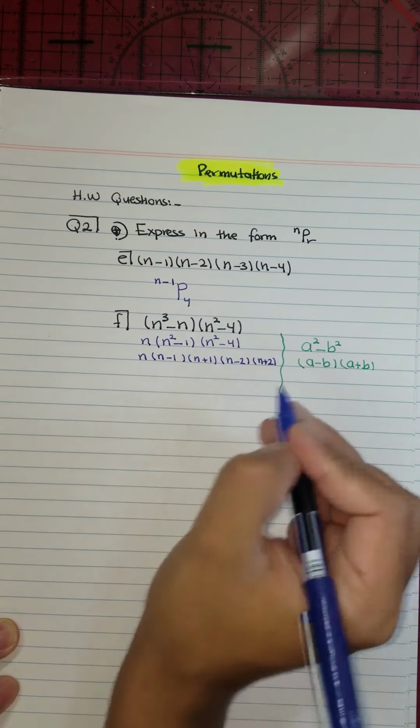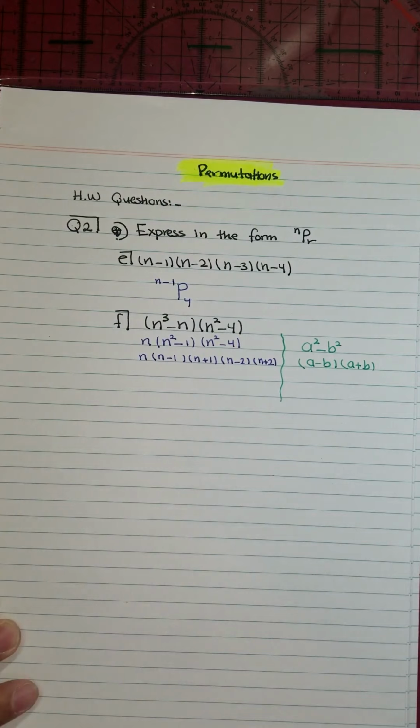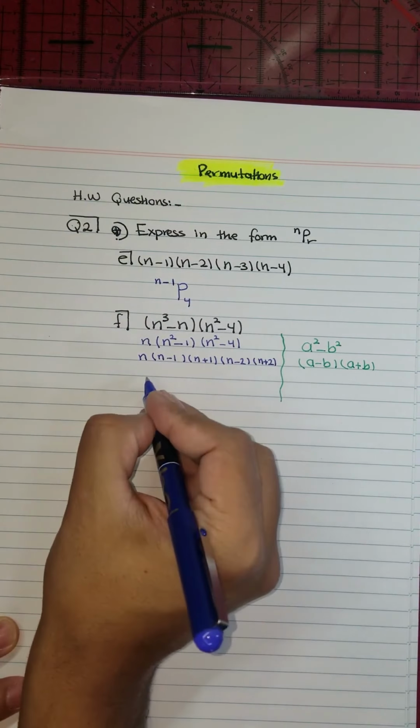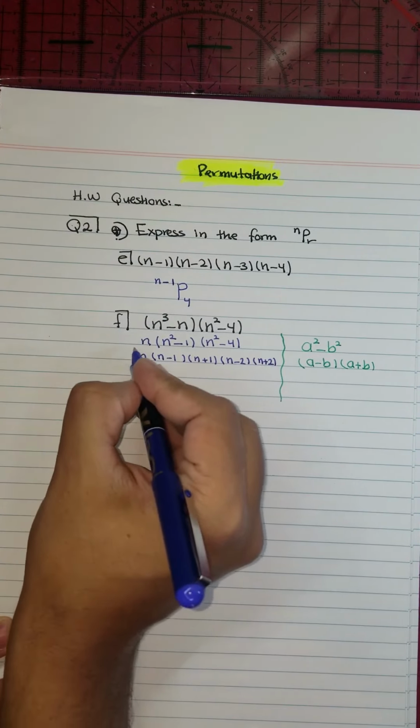Now we have 5 factors. Yes, we started with 2 factors. Now we have 5 factors, but these 5 factors actually are in a sequence. The largest one of all of these factors is this one. So let's reorder it. Reordering the factors.